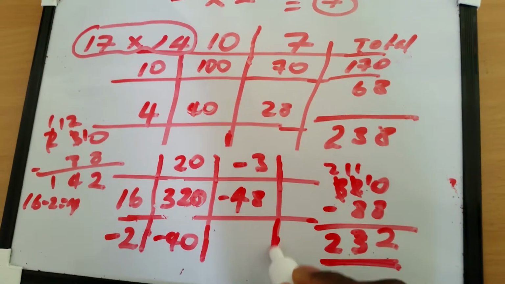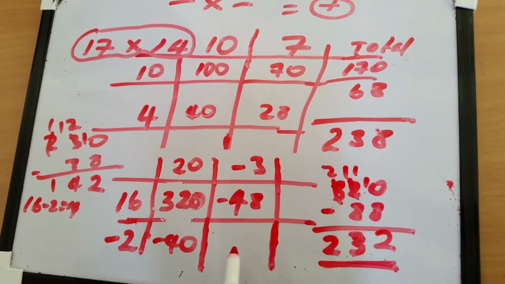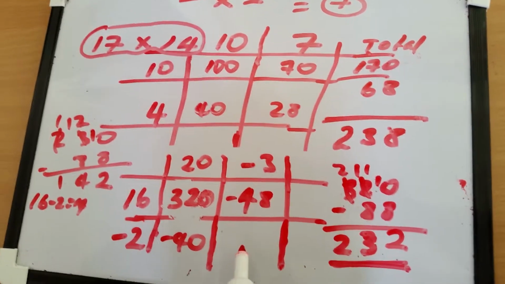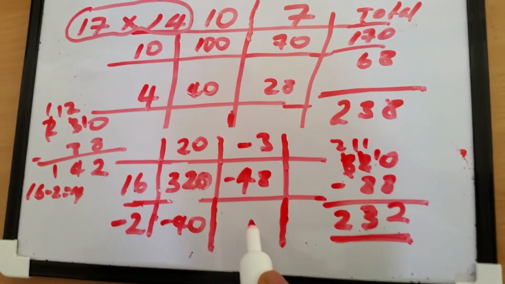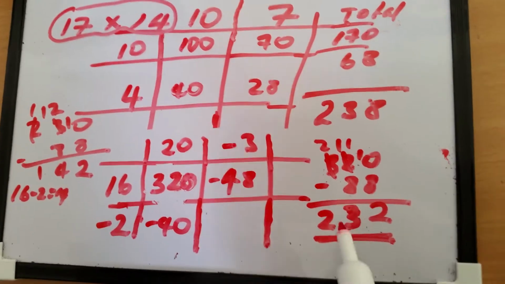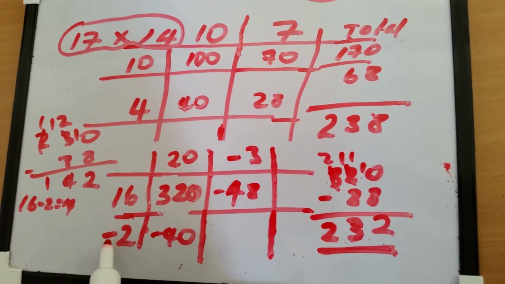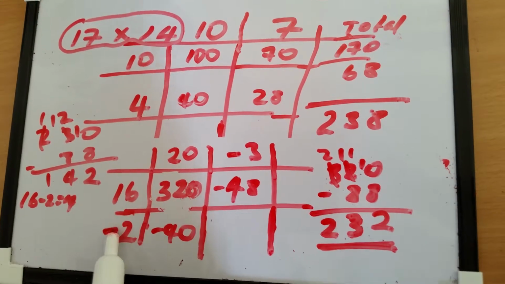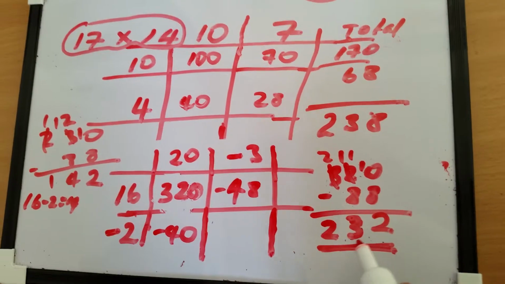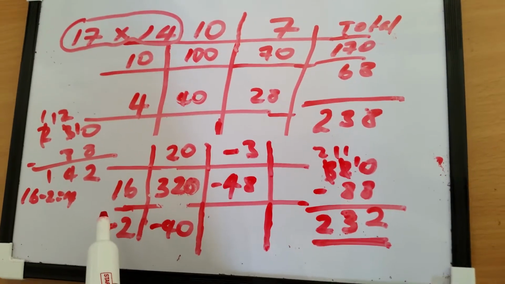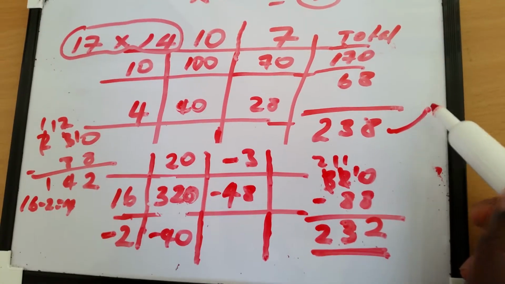Okay, remember we still need one number here, which I deliberately left out of the question and the calculation, because we now see that for me to get this number here, I have to multiply -2 times -3. Okay, we know that 17 times 14 gives us 238, which we have there, and now we have 232.